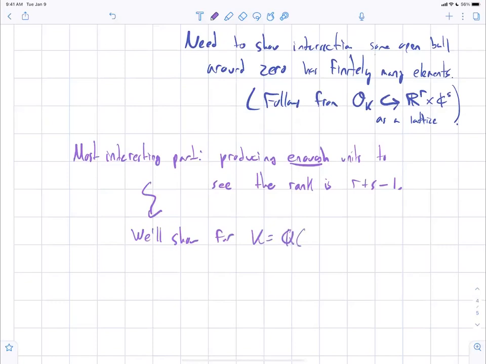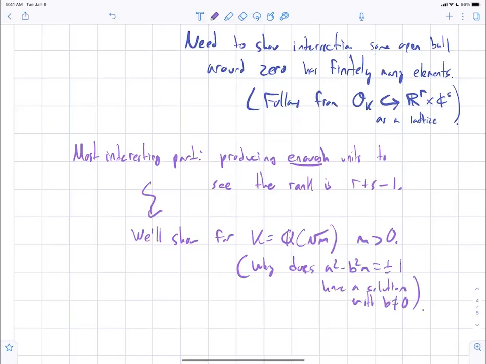So this is K equal to Q adjoined the square root of M, where M is greater than 0. So this is the kind of equation we were looking at before, A squared minus M B squared. We want to understand why does A squared minus B squared M equal plus or minus 1 have a solution with B not equal to 0.